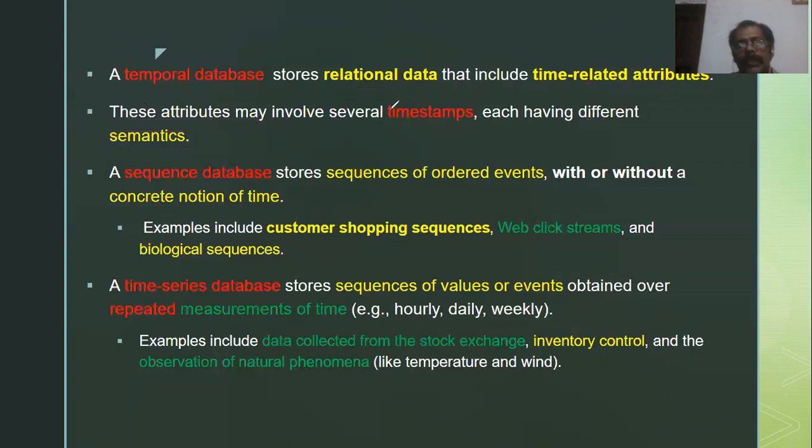What is a sequence database? A sequence database stores sequences of ordered events with or without a concrete notion of time. The records are in the sequence of ordered events.